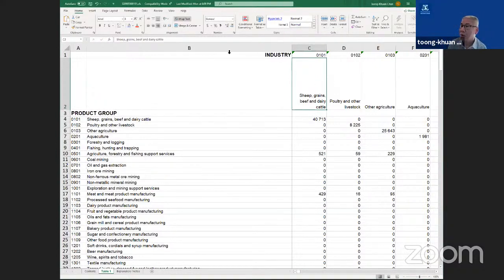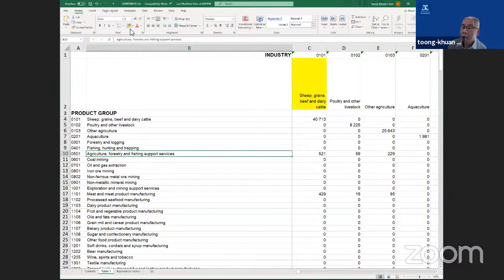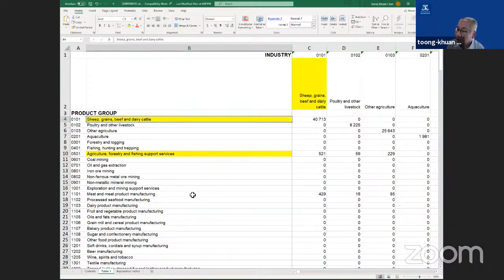So for example, this industry, sheep, grain, beef, and dairy cattle, produces sheep, grain, beef, and dairy cattle. They also produce agriculture, forestry, and fishing support services. They also produce some meat.